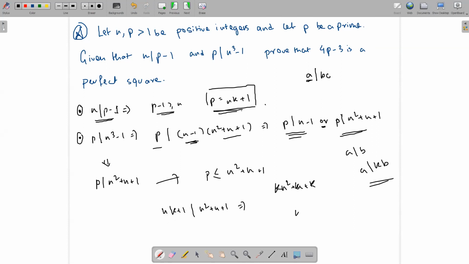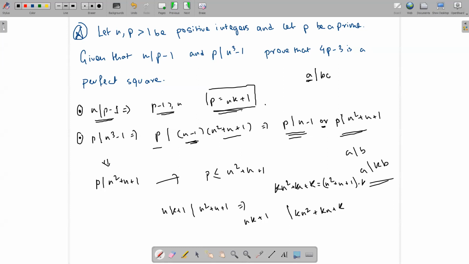So we have Kn square plus Kn plus K, and this is getting divided by nk plus 1, right? Since this is a multiple of n square plus n plus 1.